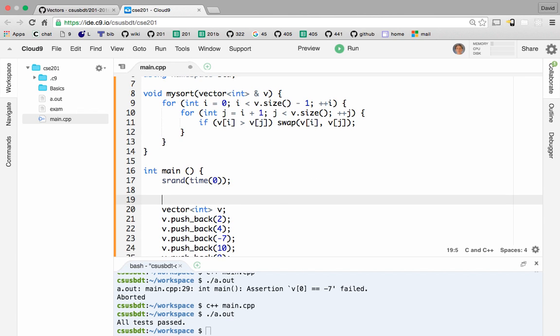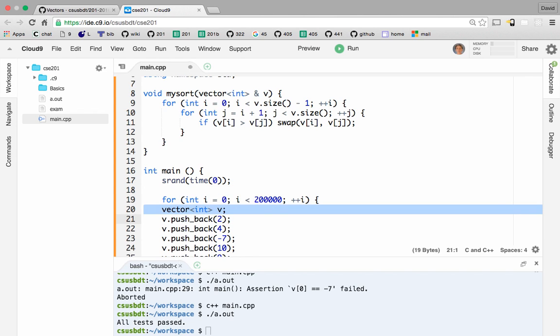And then for integer i equals 0, i less than 200,000, let's create a vector with 200,000 random integers in it.